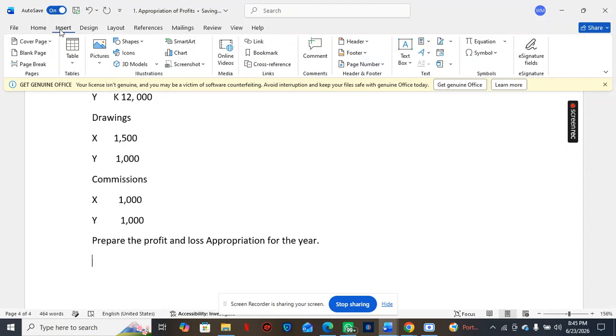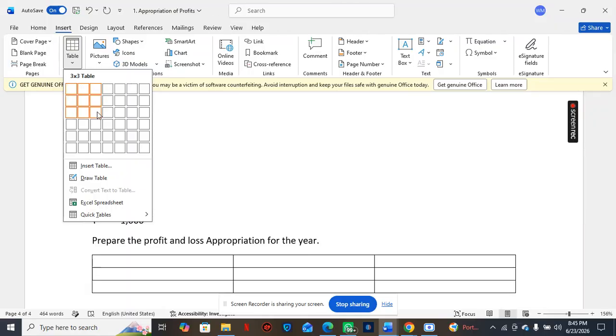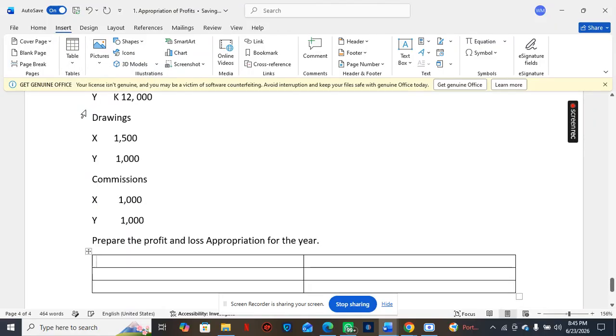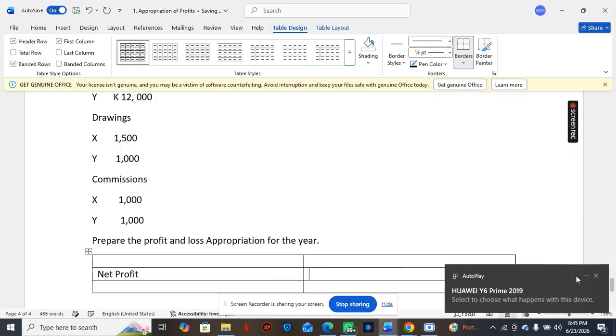All right, so we start with the net profit first. Net profit for that year is 60,000.